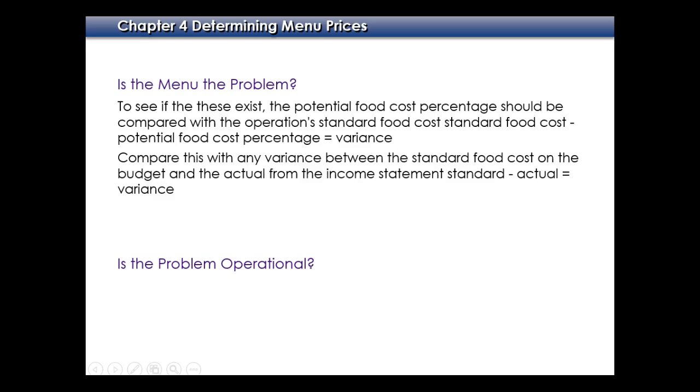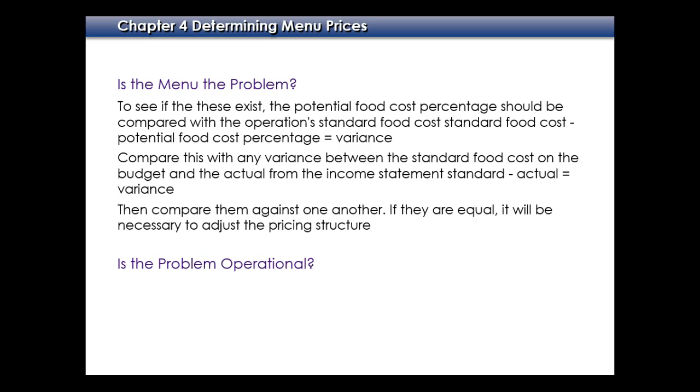Compare this with any variance between the standard food cost on the budget and then the actual from the income statement, standard minus the actual. Check that variance as well. Then compare them against one another. If they are equal, it will be necessary to adjust that pricing structure.